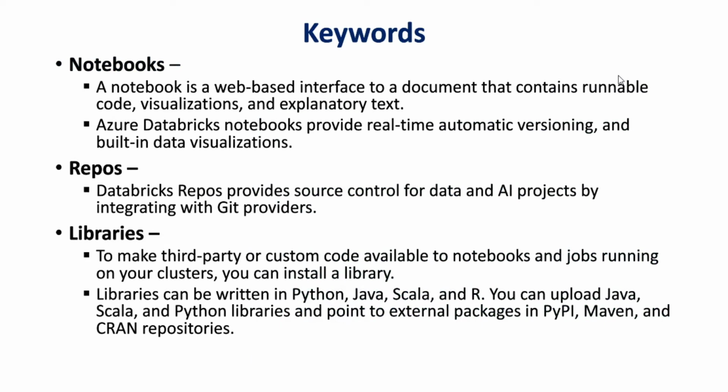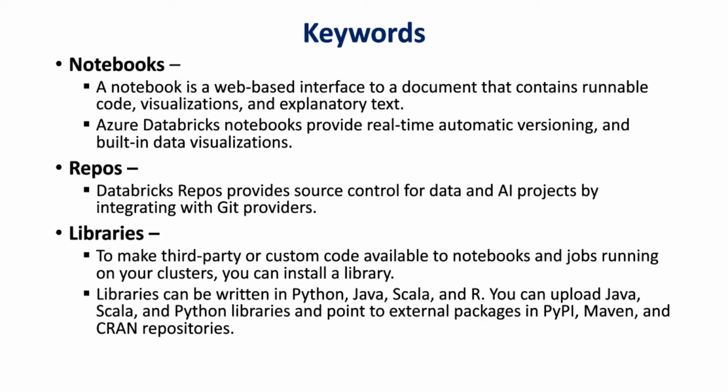There are a few important keywords when you work with Azure Databricks. First and very important are notebooks. A notebook is a web-based interface to a document that contains runnable code, visualizations, and explanatory text. Azure Databricks notebooks provide real-time automatic versioning and built-in data visualizations. Next, we have repos, which we have already discussed.